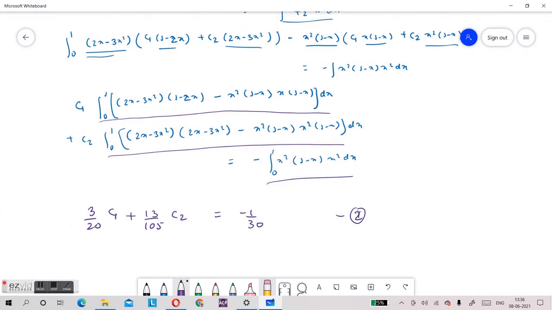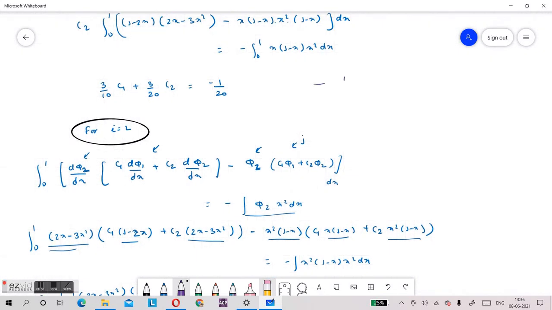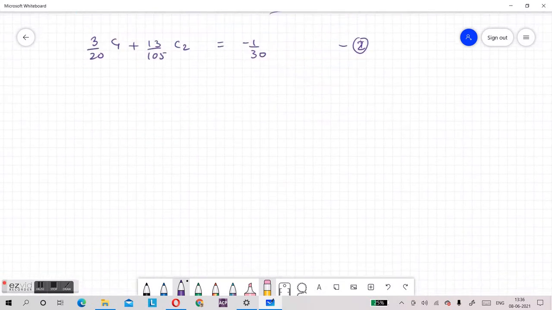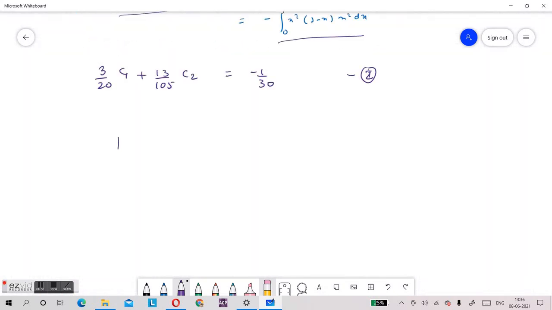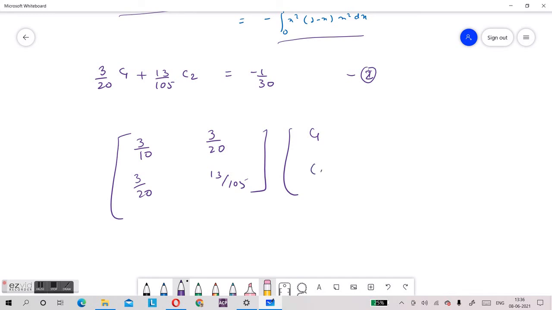So from 1 and 2 we can write this way: 3 by 10, 3 by 20, 3 by 20, 13 by 105, multiplied by c1 and c2, equals minus 1 upon 20 and minus 1 upon 30.